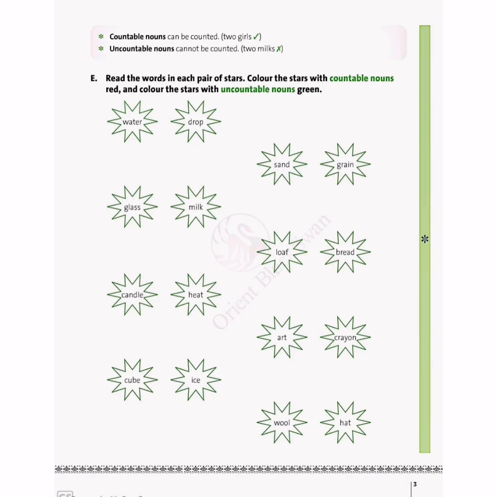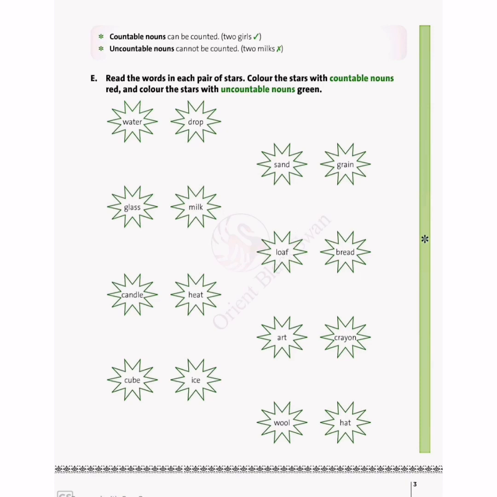Sand we cannot count, so this will be an uncountable noun and we will color this with green. Next is grain. Students, the word grain is a countable noun because when we say a grain of wheat or many grains of oats, so this will be a countable noun, so we will color this with red.